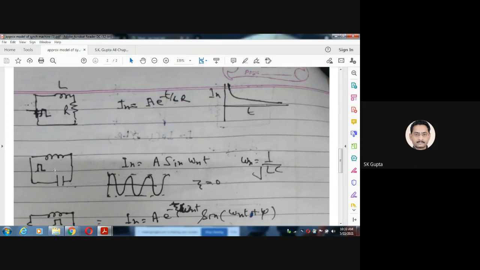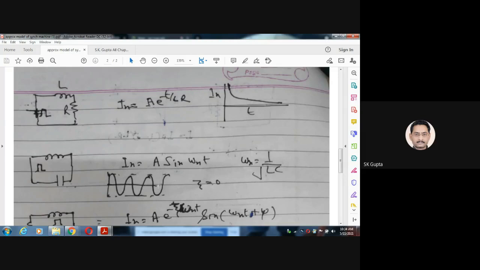When only a pulse is given and there is no resistance, the current flowing will be A sin(omega n t), where omega n is the natural frequency given by the formula 1 by under root LC. Depending upon the values of L and C, there will be a frequency. So it means there will be a continuous signal without loss, since the resistance is not there.